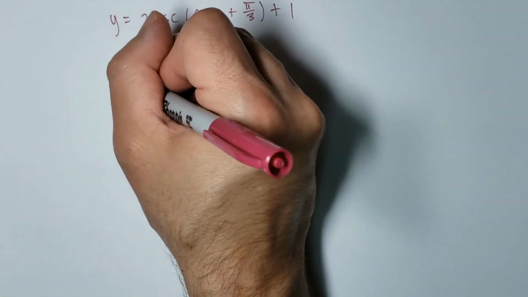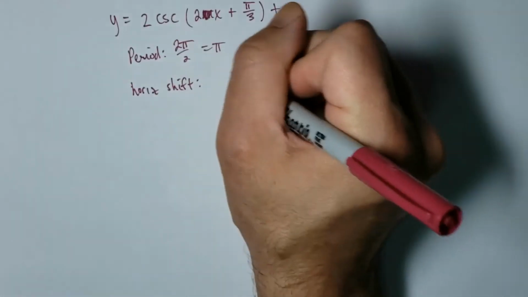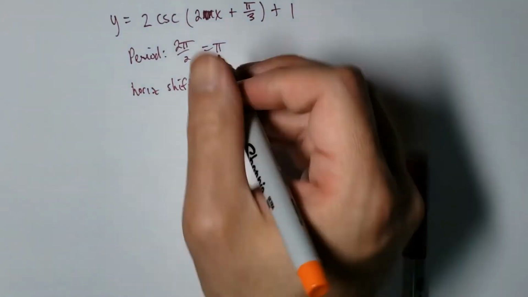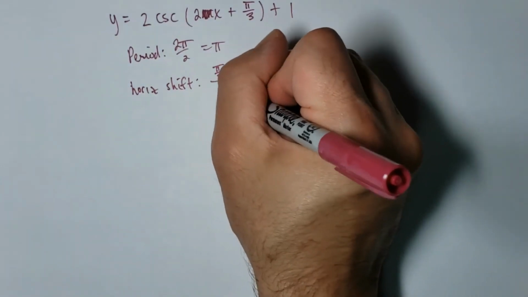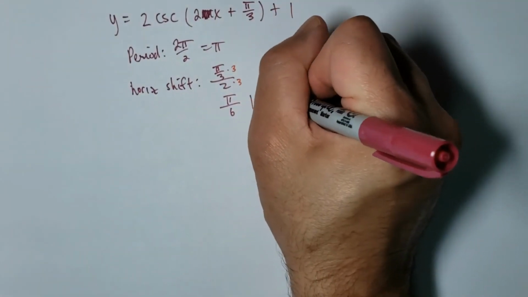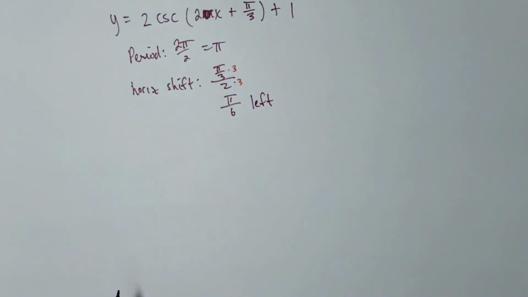We need to find the horizontal shift, which is c over b, so pi over 3 over 2. Hopefully, at this late stage, you guys have finally gotten the hang of clearing out these fractions. That's going to be pi over 6, and because it's minus, it's going to be to the left. No, I said it's minus, it's plus, and it is to the left.